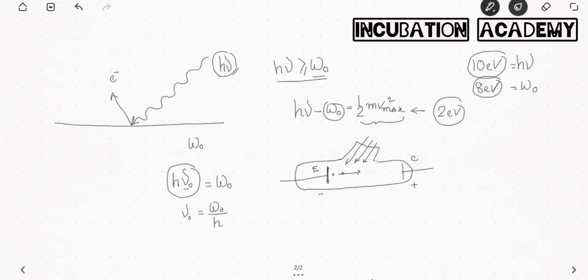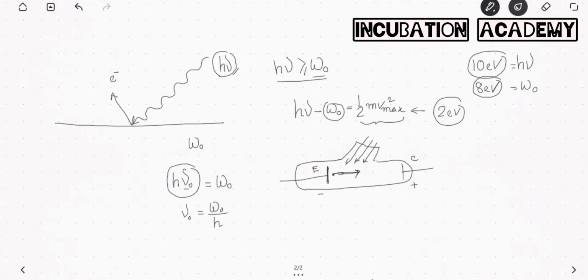But as I have just said, for a photon of energy h nu and work function w naught, the photoelectron which comes out has some energy, half m v max square.